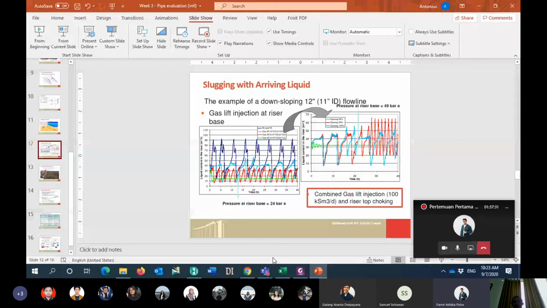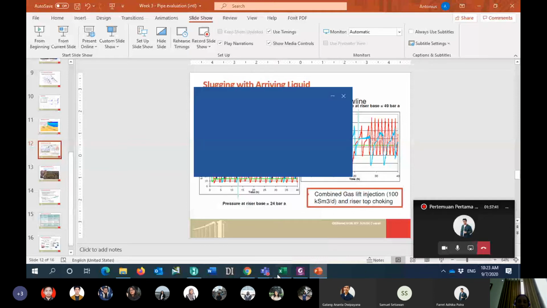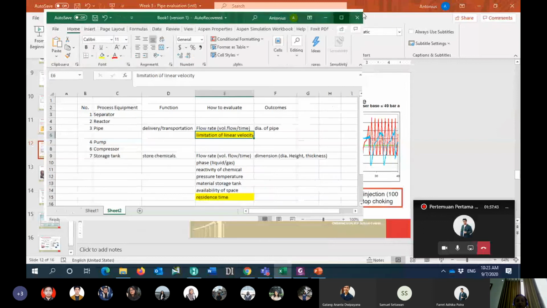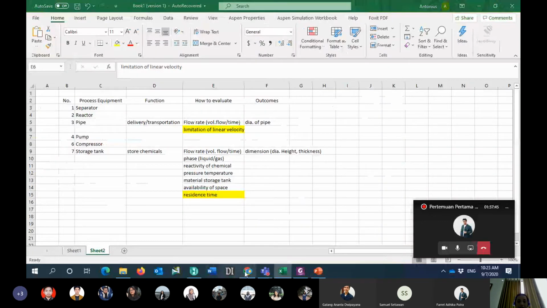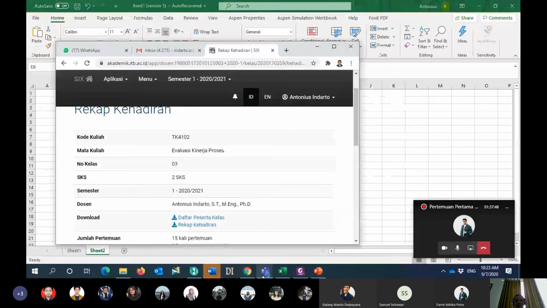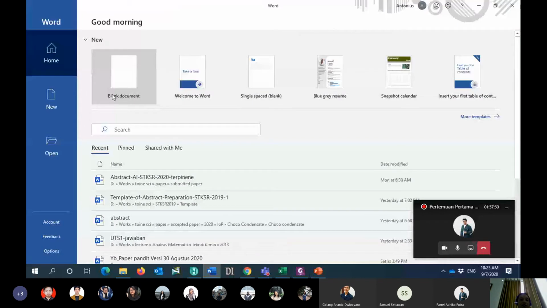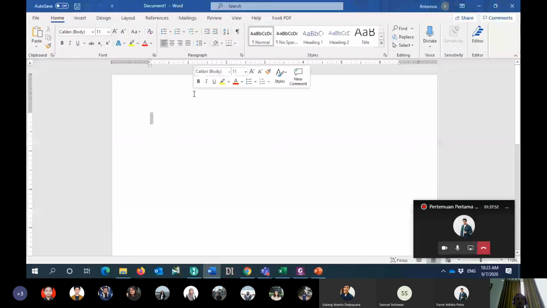Okay, so how about the gas? Usually for the gas lift, I can make a figure in here. Wait a moment, I will try to make a picture in here.